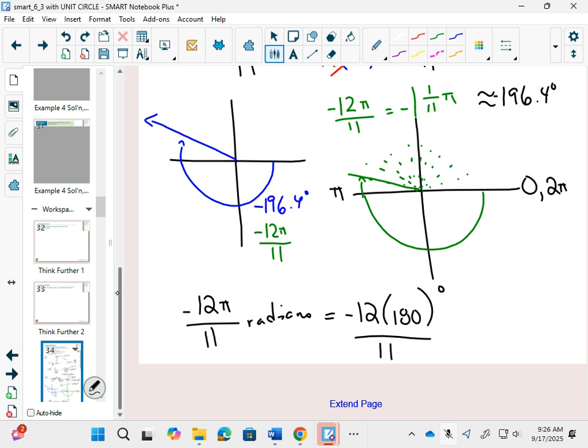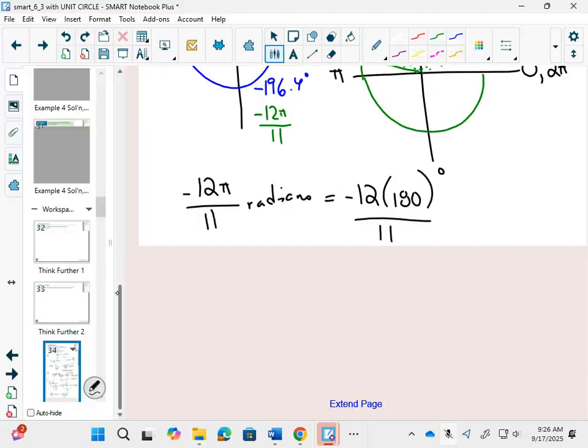Because pi radians is equal to 180 degrees, we can do that and it will convert everything as a shortcut. You can still multiply by 180 over pi, it does exactly the same thing, but both give us the same answer. That shortcut only works if you have a pi.